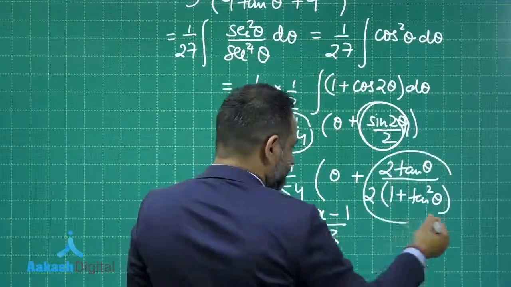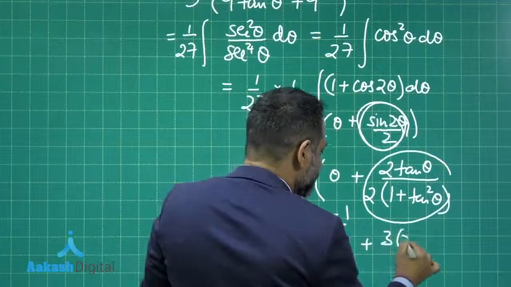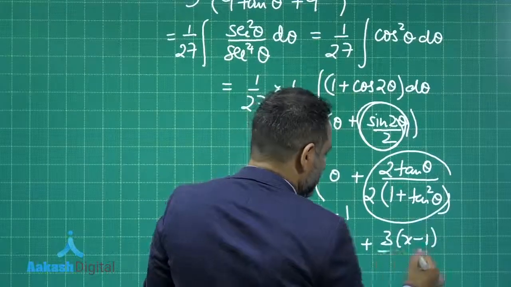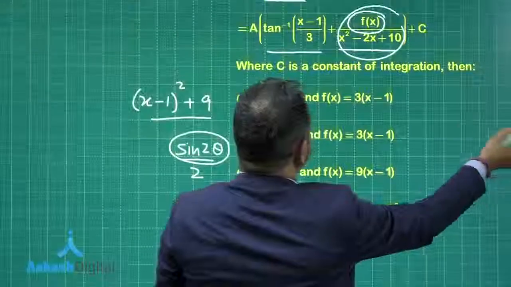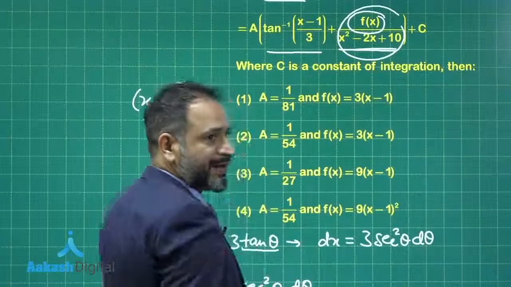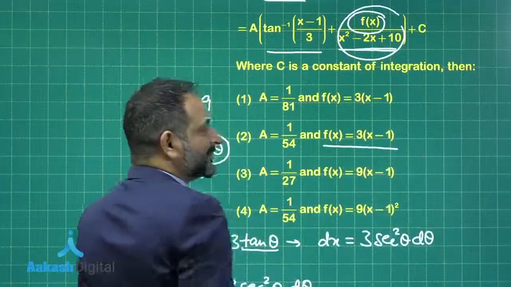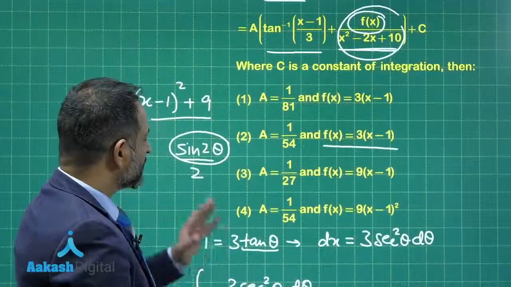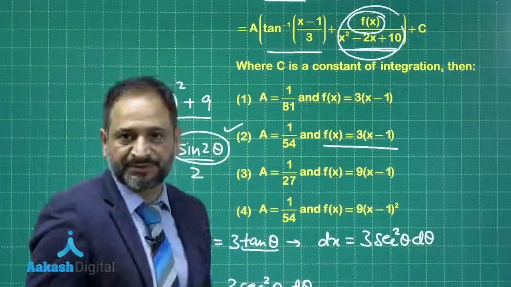This term, that is, will become 3 into x minus 1, and in the denominator you will have this term, that is x square minus 2x plus 10. So, the f x is equal to 3 into x minus 1. So, the option which is correct here is the second option.